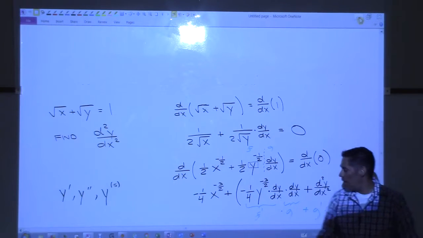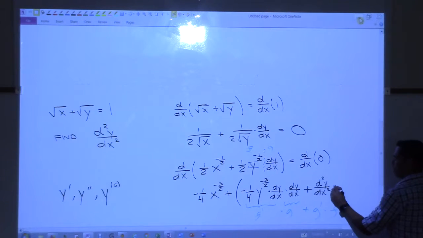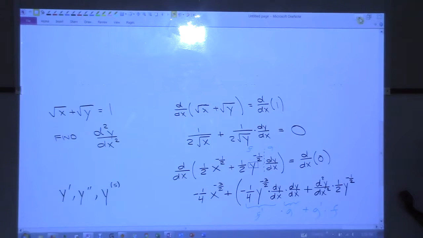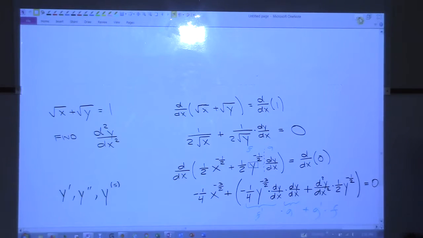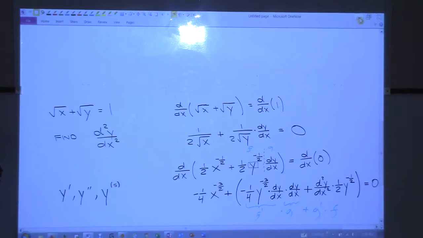Okay, now we're not done because that's that times this thing, 1/2 y to the negative 1/2. Are we done with the product rule? Yes. Close it off. And then we can go to the other side. Equals, what is the derivative of 0? Still 0. Okay, good. Quite a mess there, yes? Would you agree that's quite the mess?